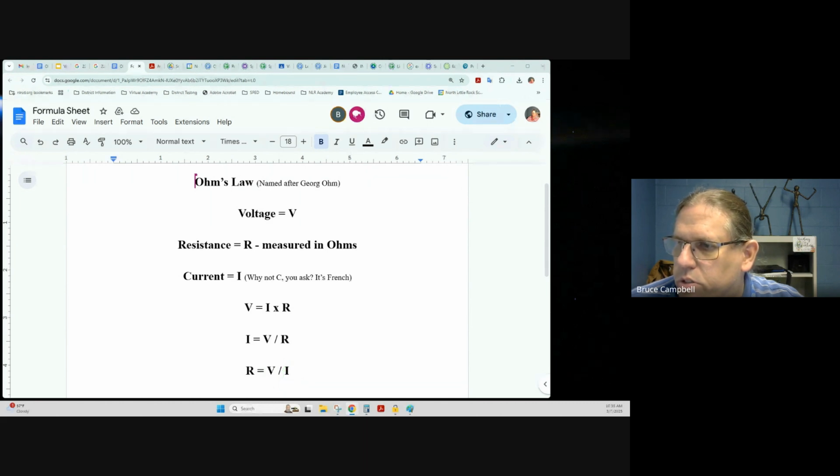Does that make sense? You all have access to this sheet. Do we have any questions about our Ohm's law formula?